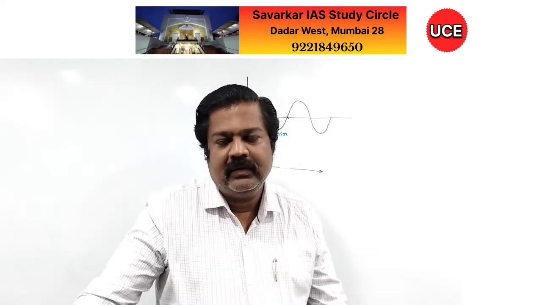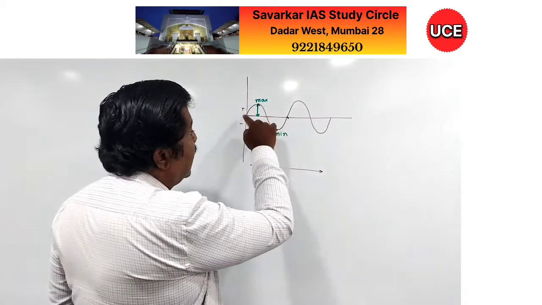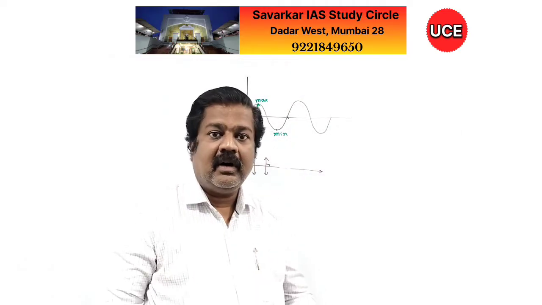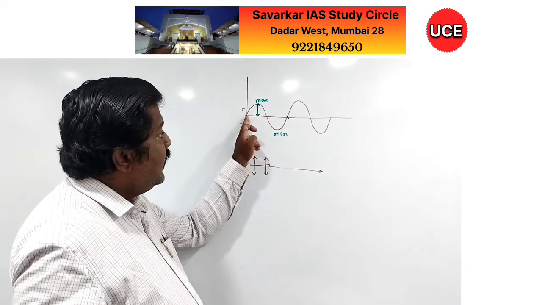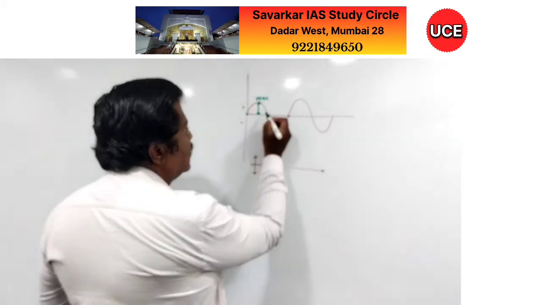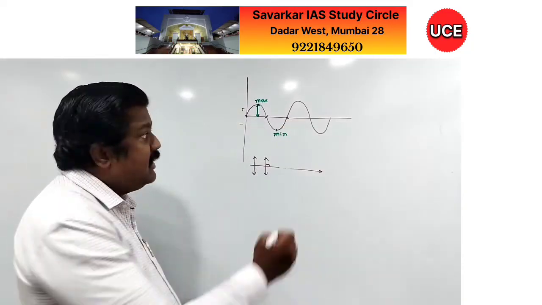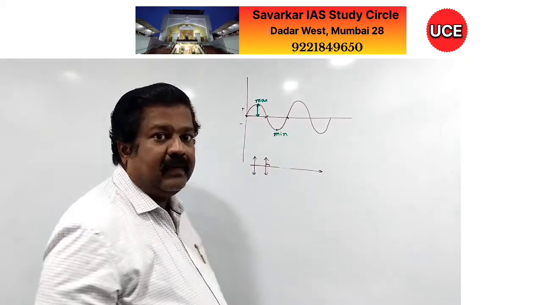Now wavelength. This is one wave I have drawn, but it may be possible that I draw the wave like that. So how do we determine the wavelength? Here this is the mean position, this is also a mean position. One wave is one crest and one trough.